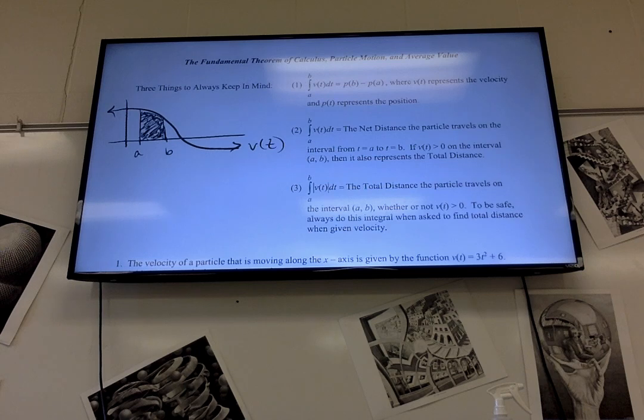The reason why it's net distance is because we have, we'll pretend it's the same, and let's say A is here and B is here. You're going to subtract the stuff under the axis. It would look like that. So it's only the net distance, the final distance that you traveled from point A to point B. It wouldn't be the total distance because it's going to subtract what's under the x-axis.